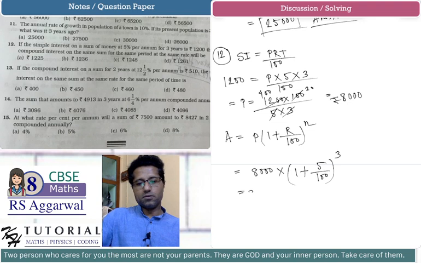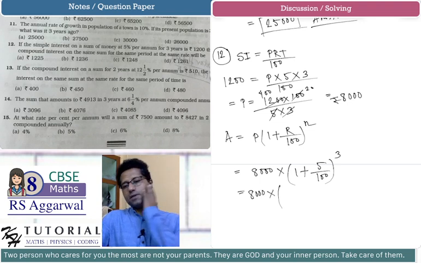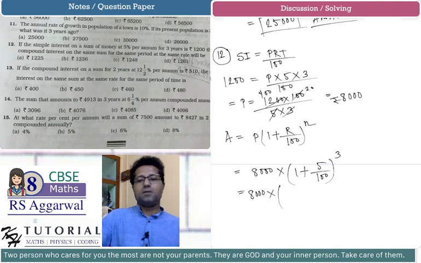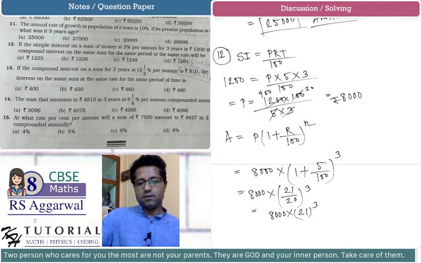So this is equal to 8000 multiplied by (1 plus 5 by 100), which is (21 by 20) cube. This is equal to 8000 multiplied by 21 cube divided by 20 cube.